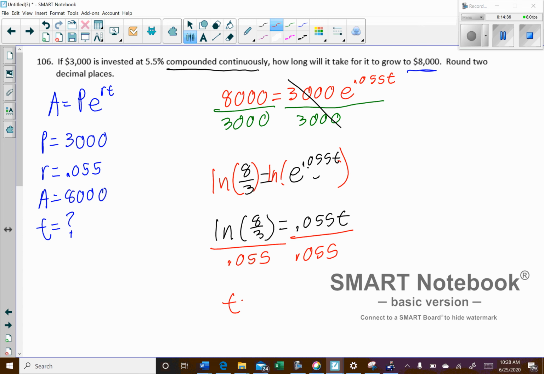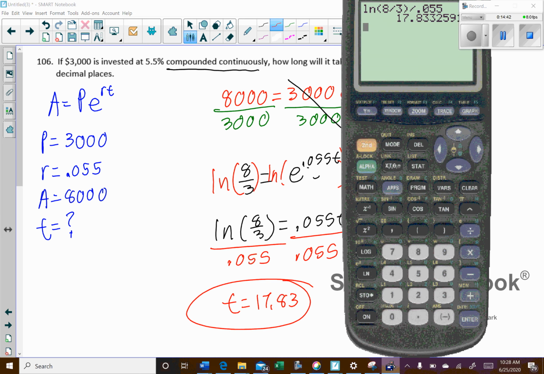So time would be 17.83 years. Once again, that seems pretty reasonable because your investment's almost tripling. And typically, a 5.5% return is a good return. So that seems pretty accurate to me.